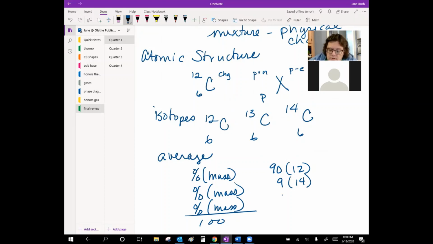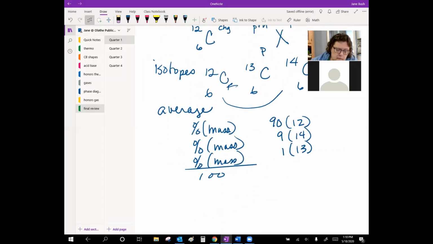And carbon 13 is 1%. So you would do the multiplication of all those, add them up, and divide by 100. Your answer should be somewhere between 12 and 14, and it's going to be closer to 12 because that's the predominant isotope. Okay, does that make sense? Hopefully.